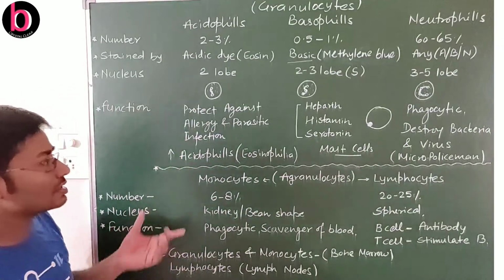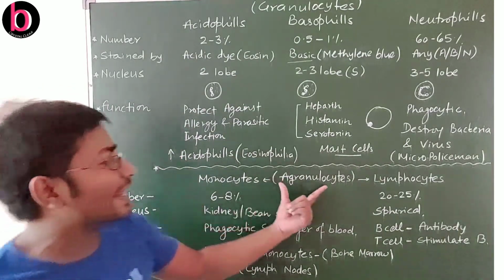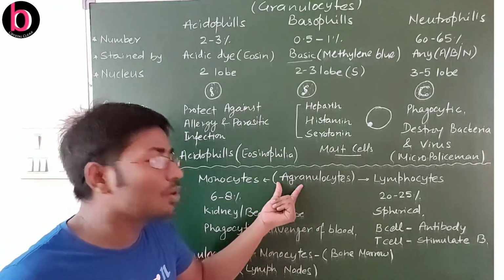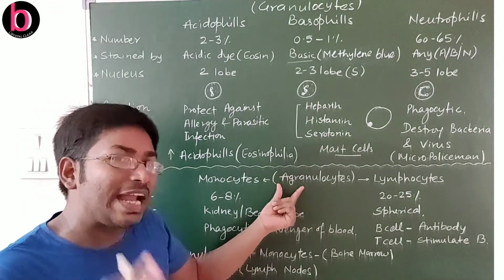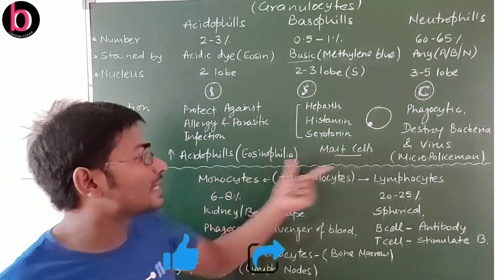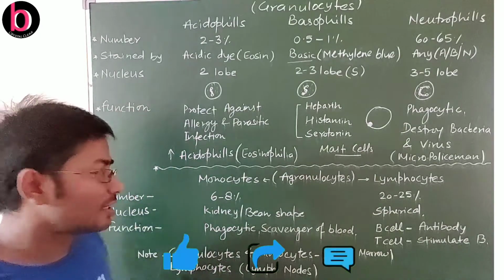Now after this, next is about agranulocytes. Agranulocytes have no cytoplasmic granules and are categorized into two, monocytes as well as lymphocytes.